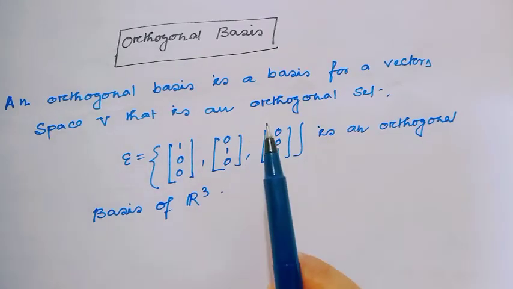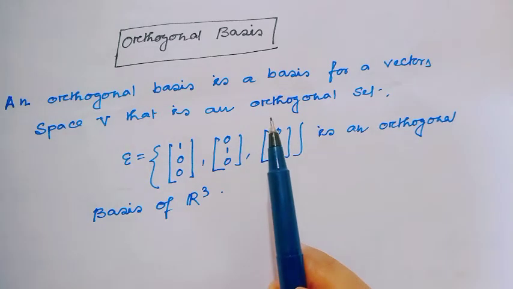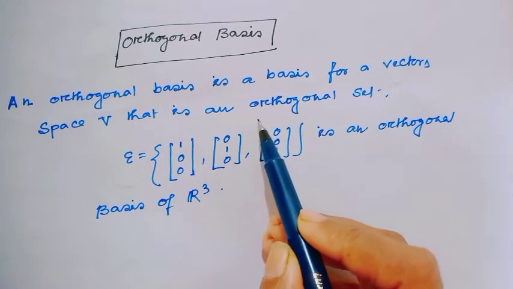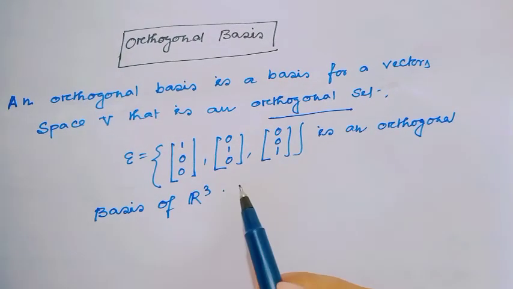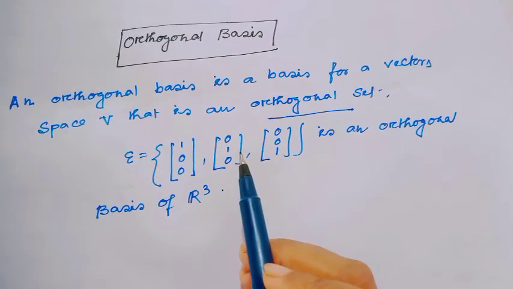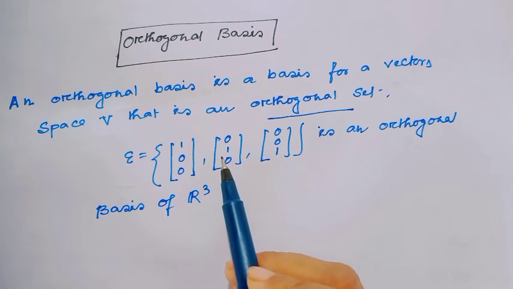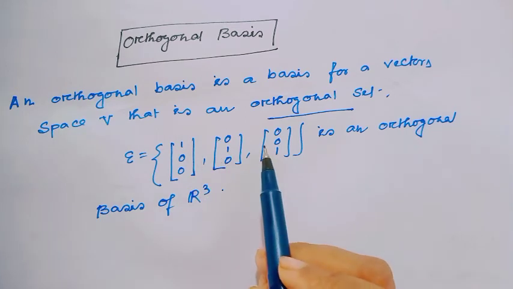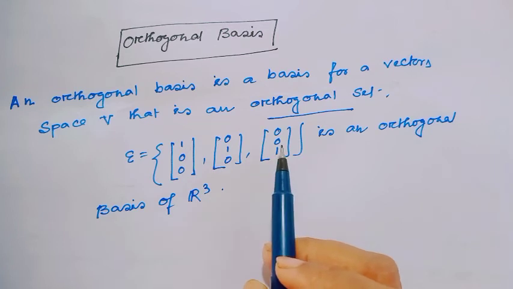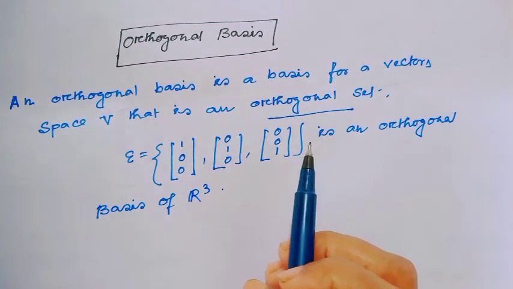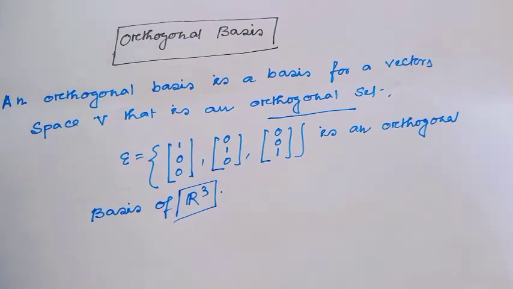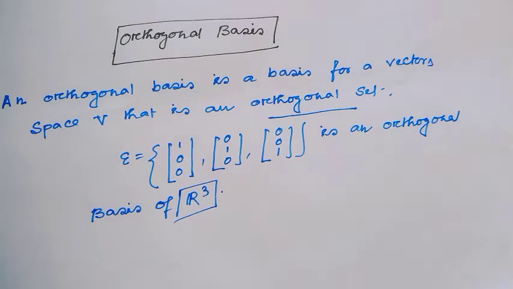What is an orthogonal basis? An orthogonal basis is a basis for a vector space V that is an orthogonal set. As for example, if we consider the standard basis in R3, notice here each vector is orthogonal because the inner product is 0. So this basis is an orthogonal basis in R3. Are you getting what is an orthogonal basis in a vector space?